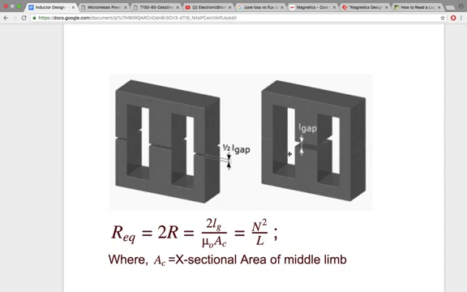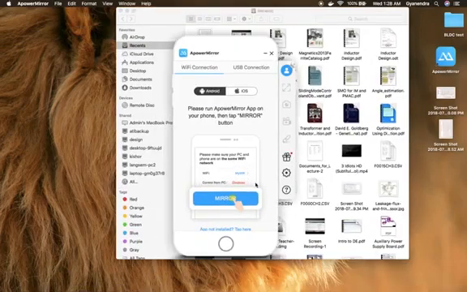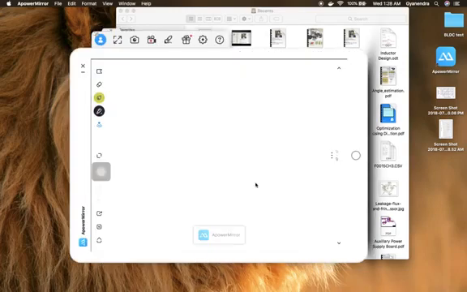So basically what happens, let's say if you have this kind of arrangement, and LG is the length of air gap, and mu naught A_C by LG is nothing but your reluctance. Let us take this circuit diagram.